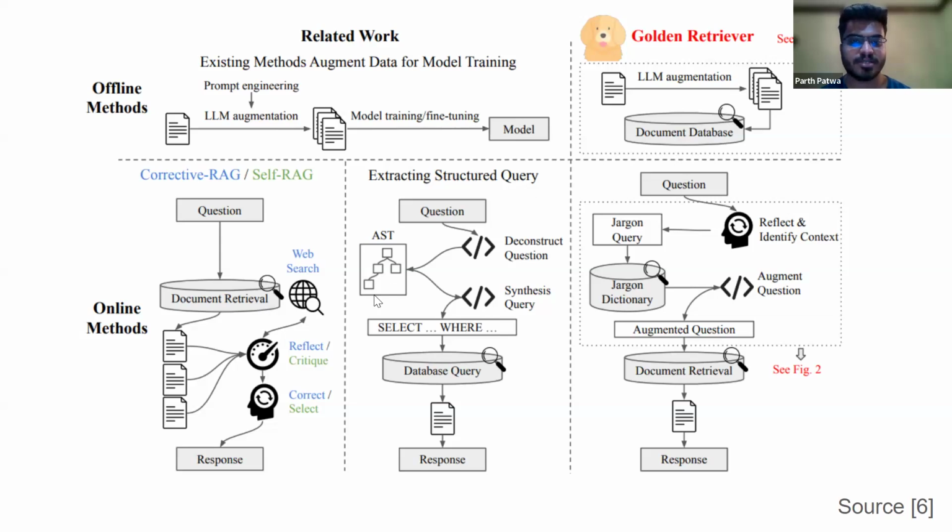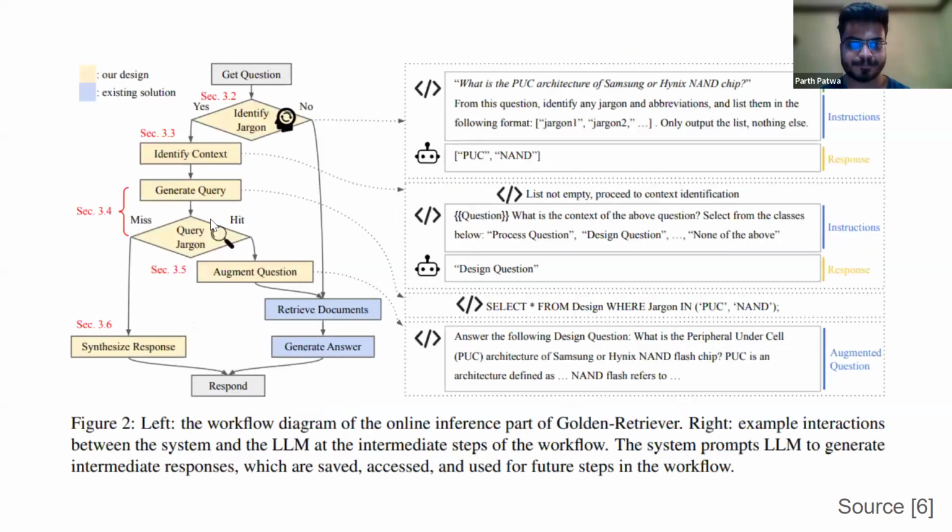This paper claims that previous techniques are more focused on document generation and less on the retriever. But the good thing I realized is that you can have Golden Retriever along with a self-RAG or a corrective RAG. This is again a workflow: we get a question and identify the jargon. In this query, the jargon is POC and NAND.